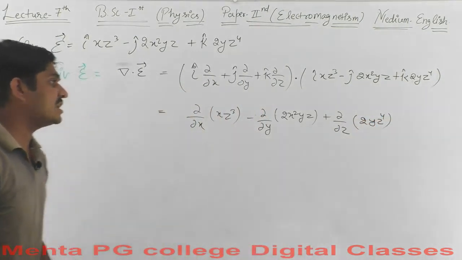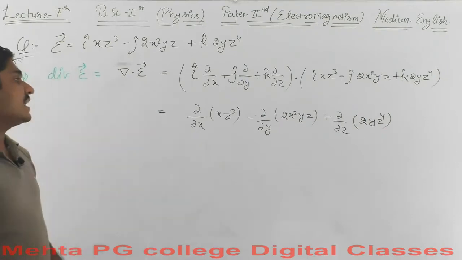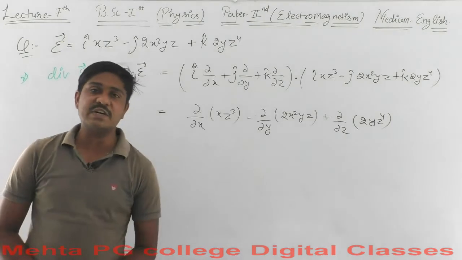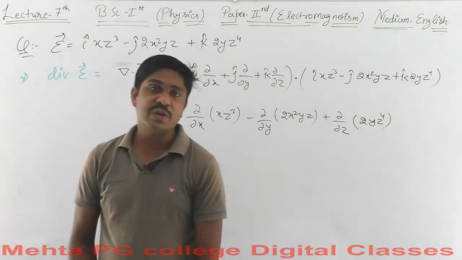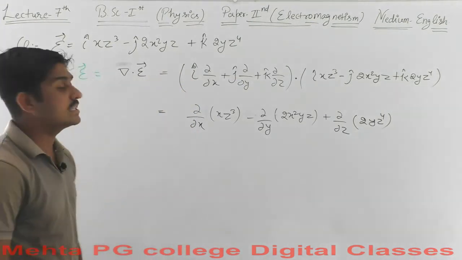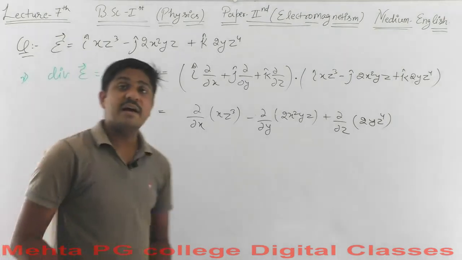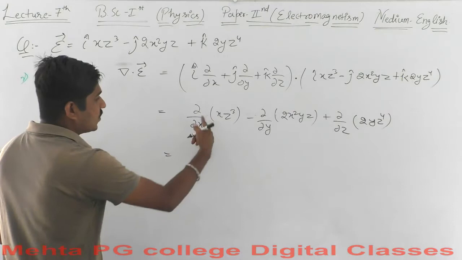So let's begin with the calculation. This is simple derivative calculus. Curly over curly x, curly over curly y and curly over curly z all represent partial derivatives, where with respect to x, only x is treated as the variable, with respect to y, y, and with respect to z, z, respectively. So let's proceed.